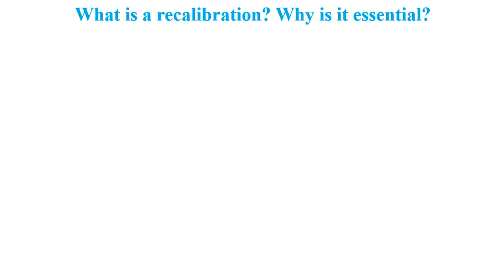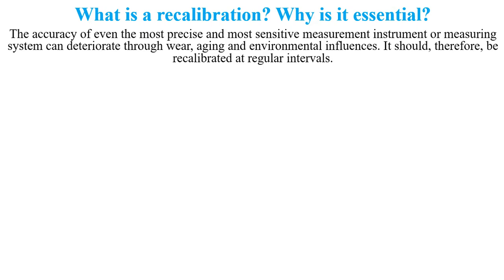And then what is recalibration and why is it essential? I think I've said it in some ways. The accuracy of even the most precise and most sensitive measurement instrument or measuring system can deteriorate through wear, aging, and environmental influences. It should therefore be recalibrated at regular intervals.